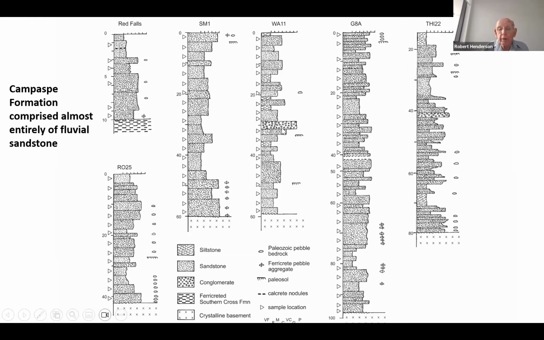A little bit of conglomerate here and there, a little bit, not much, of siltstone here and here, but pretty much all sandstone, and ranging from medium grained to coarse grained, because the width of these blocks here indicates the grain size of the sandstone. So it's a sand system basically.